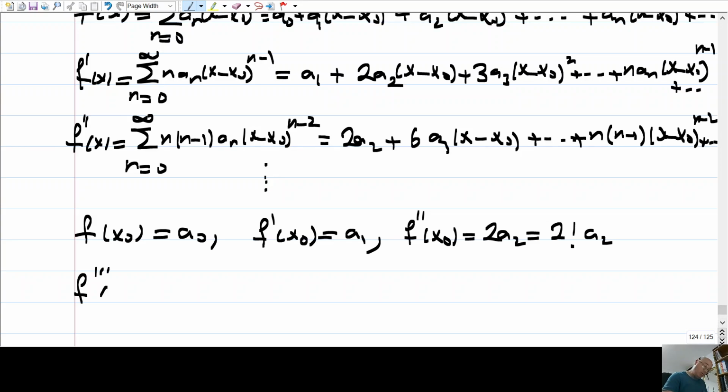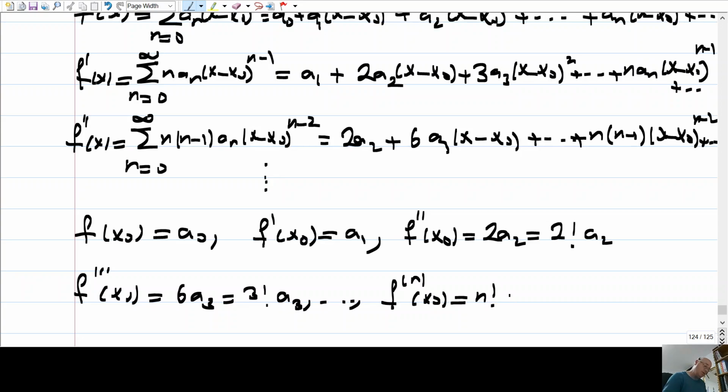And then if you compute third derivative, you will take derivative one more time, so it is just 6a3, but that is nothing but 3 factorial a3. And you see immediately that this generalizes, and nth derivative is just n factorial times an.